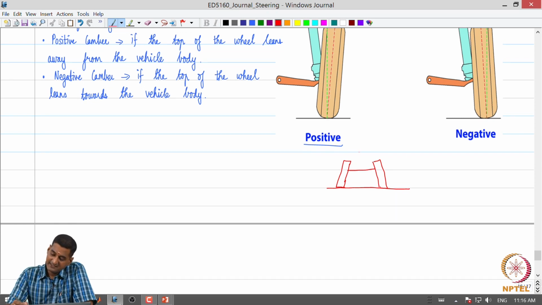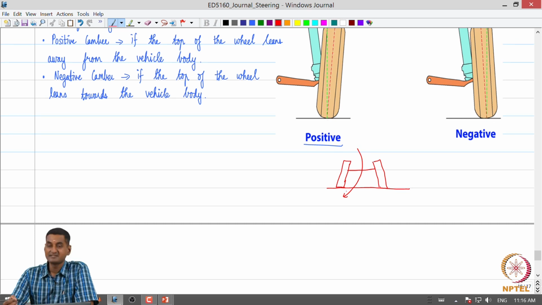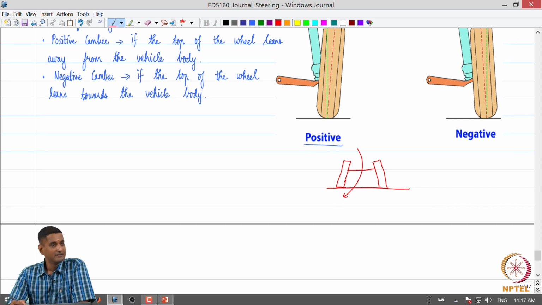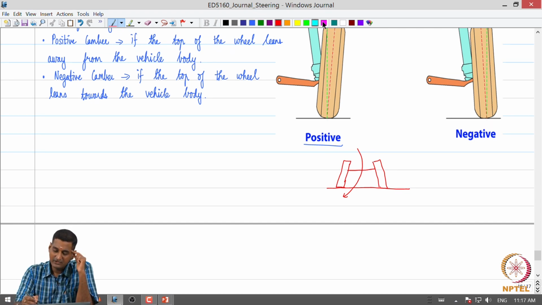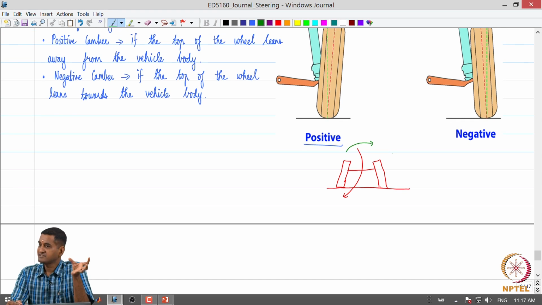Suppose we are taking a turn in this direction. When we take a turn in this direction, what is going to happen to the vehicle? It is going to roll in this manner, right. The vehicle will always roll out of the turn. So, this will be the inner wheel and this will be the outer wheel.